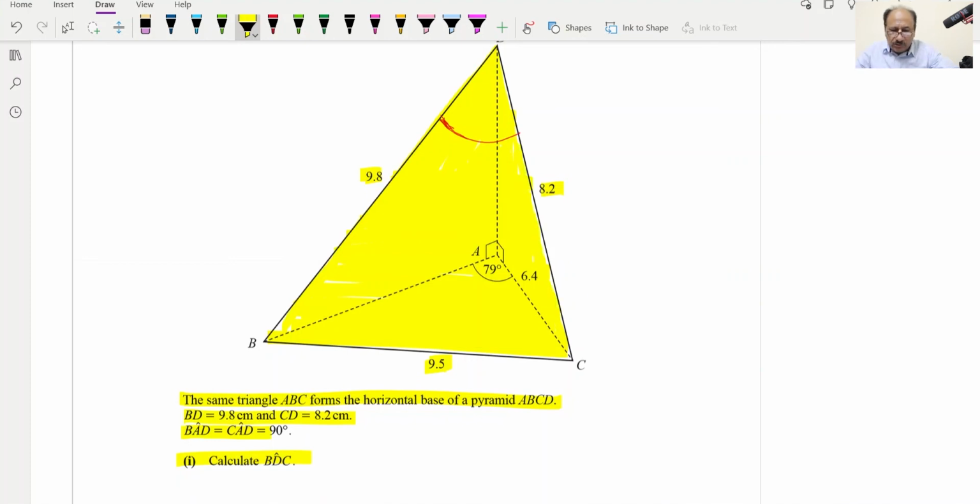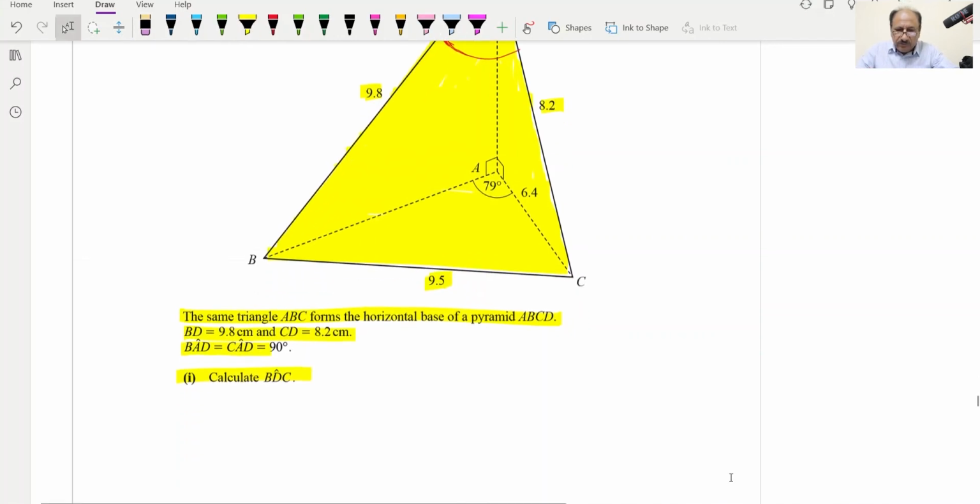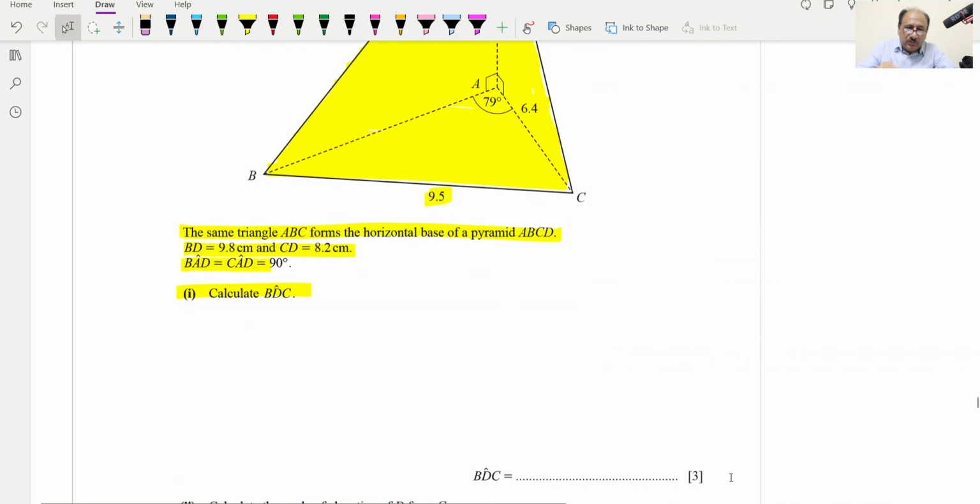So cos C is equal to a squared plus b squared minus c squared over 2ab, and this will be equal to what?